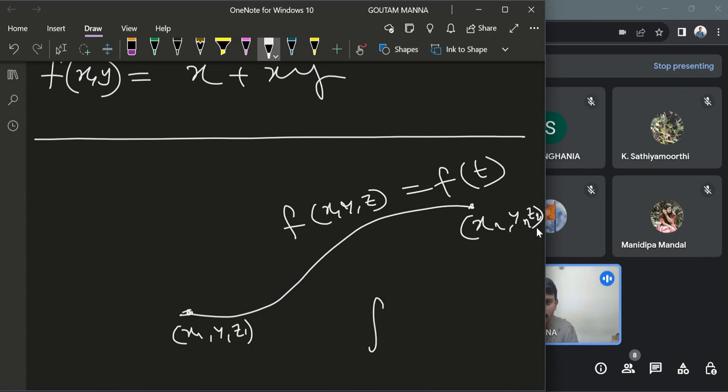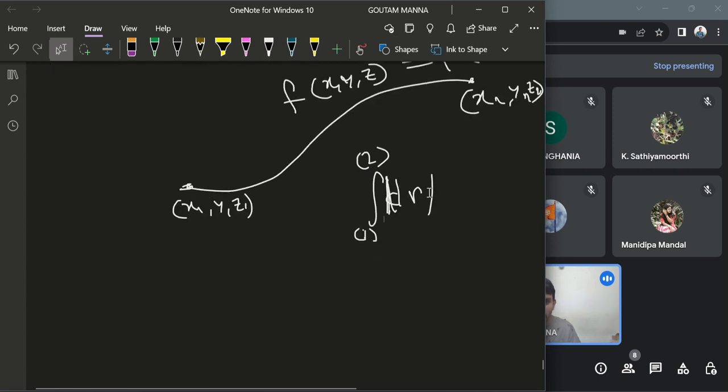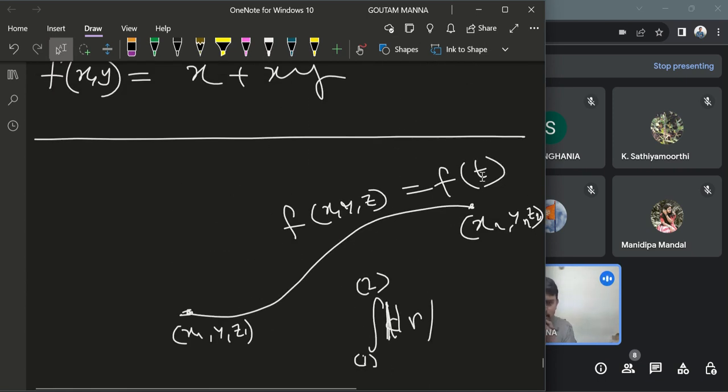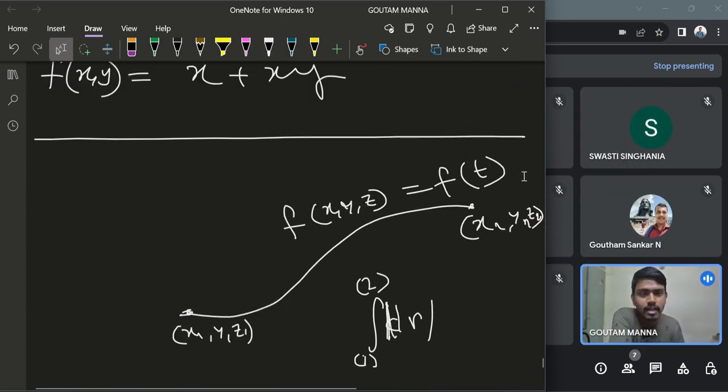To do the line integral, just integrate mod of dr from point 1 to point 2. The line integral will be the topic maybe next week or the week after: how to find the length of the curve.